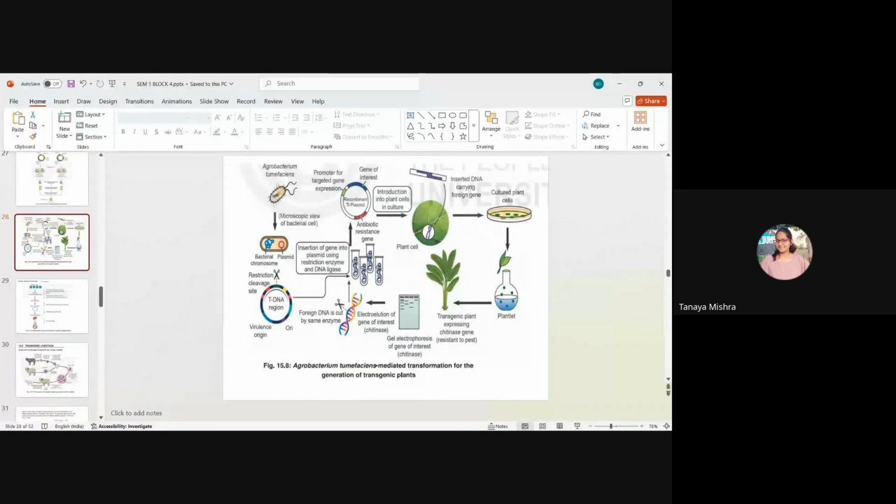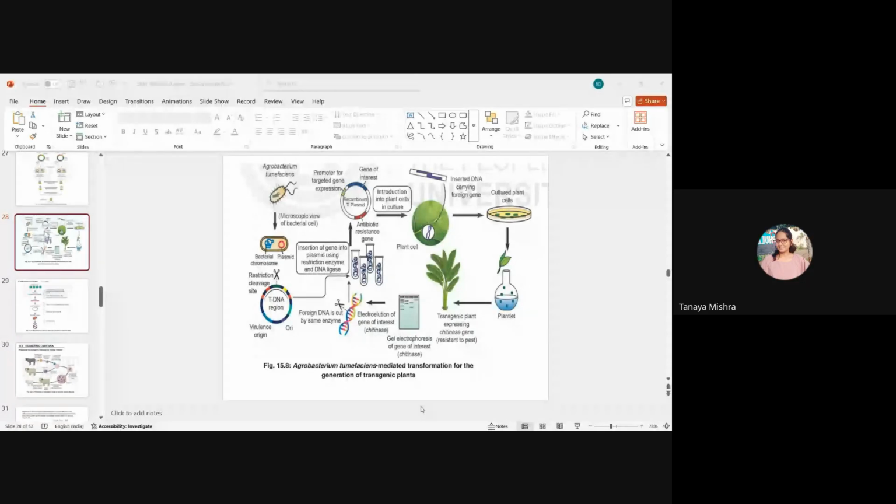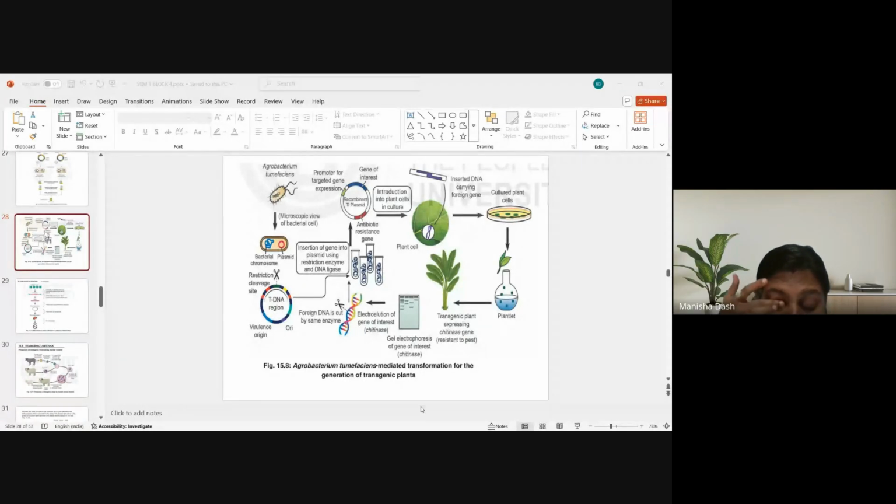Ma'am, as the human protein is produced inside the bacterial cell, what about the protein folding? See, the bacteria also have their own protein folding mechanism, right? The primary sequence itself holds all the information for protein folding.